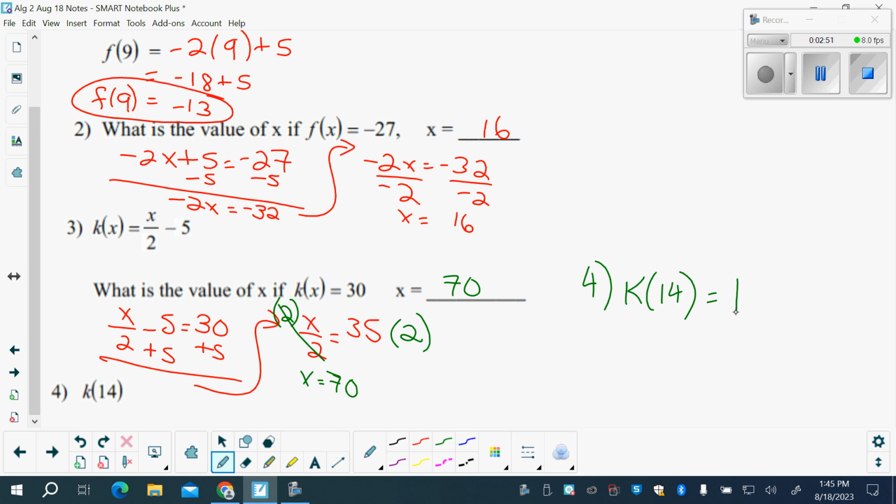That's right. So we're going to take that 14 and put it in place of our x in this equation here. So 14 over 2 and then minus 5. So 7 minus 5 or 2.